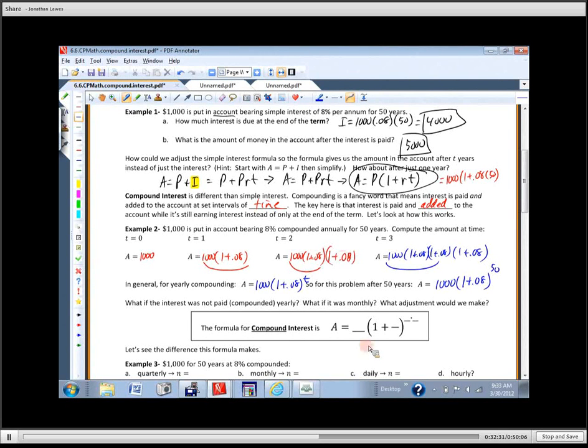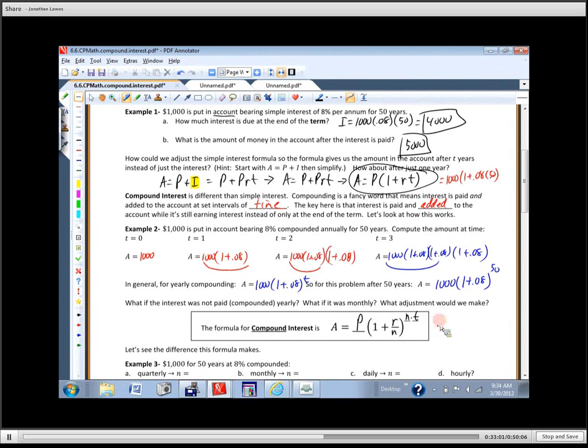I want you to fill in these blanks. This is still P, and this is still 1 plus, well, what does the 1 stand for again? 100%. You get 100% of what you put in there originally, and then we're going to do R over N, raised to the N times T. Now, P stands for principal, R is the interest rate, T is time.